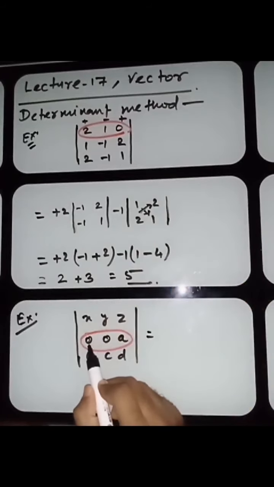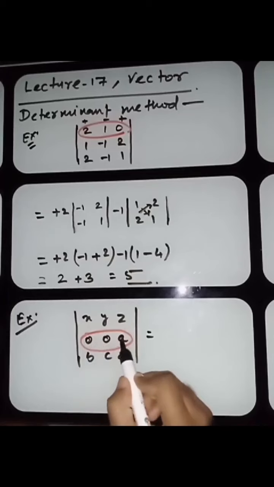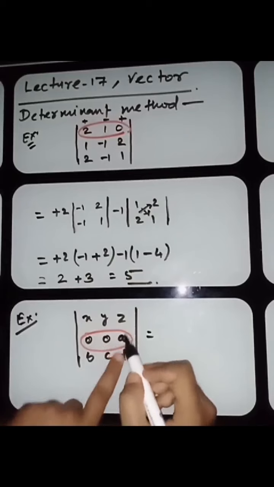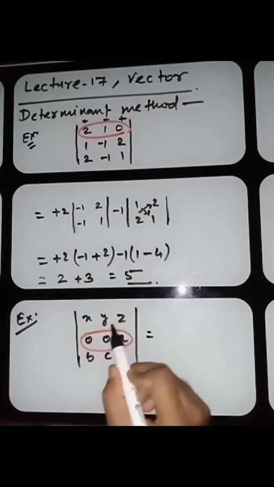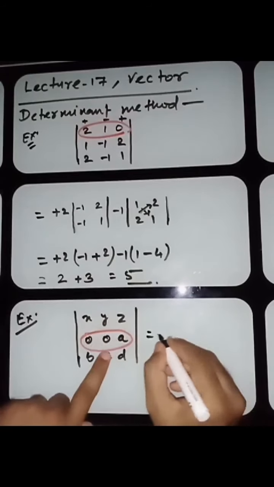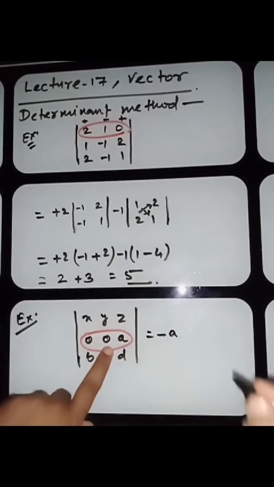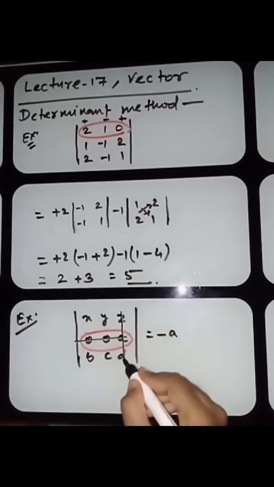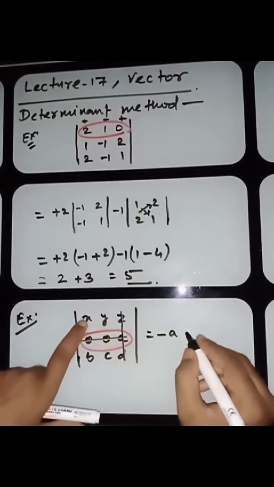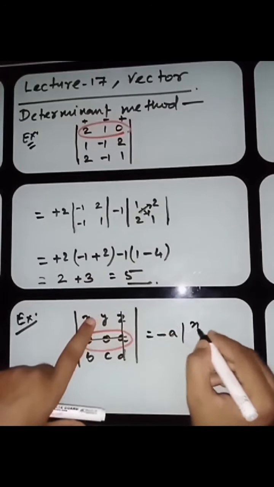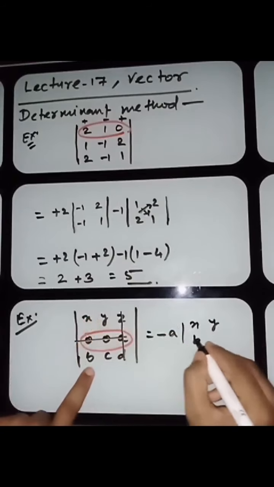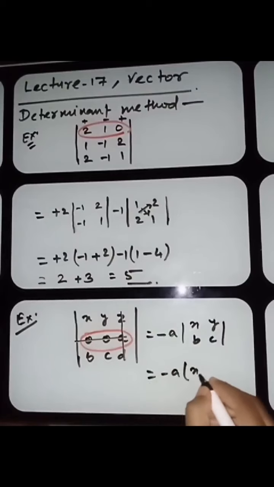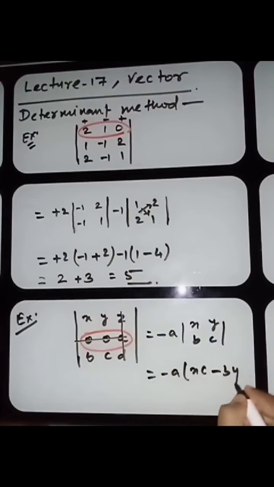It means you don't have to split using the two zeros; only one number will give you the answer. According to the nature, it is plus, minus, plus, minus, plus, minus. So the minus a. Now let me split: this and this will be eliminated. So the x, y, and here the b, c, and our answer is xc minus by.